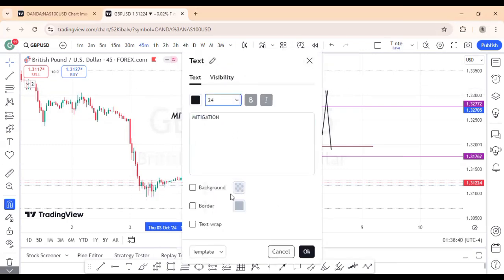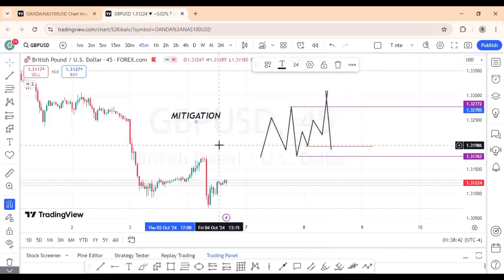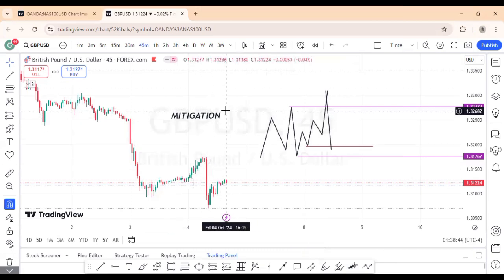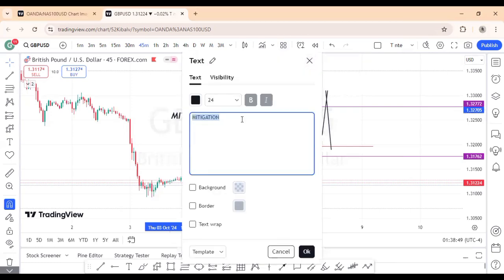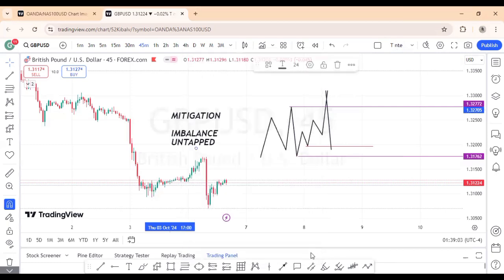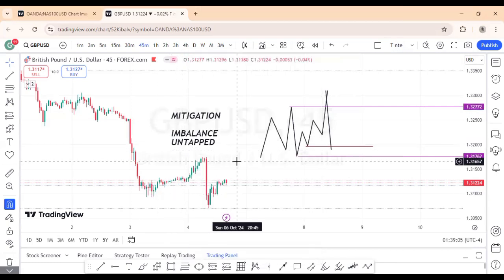You know an area of mitigation by two simple tests. Number one, there's usually an imbalance, and then it's usually untapped. So these are the two ways you know if an area has been mitigated. What do I mean?